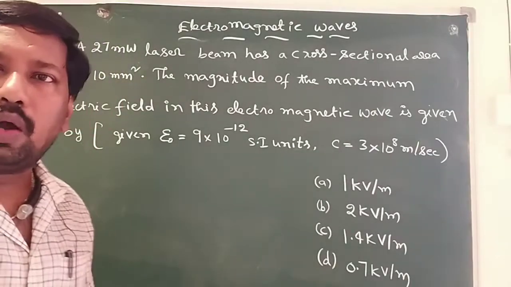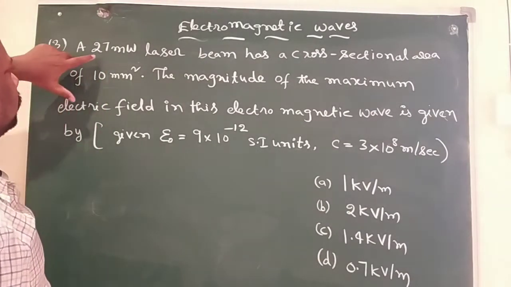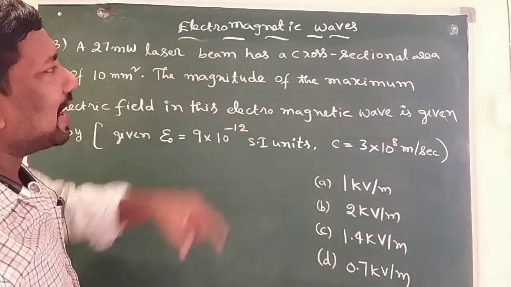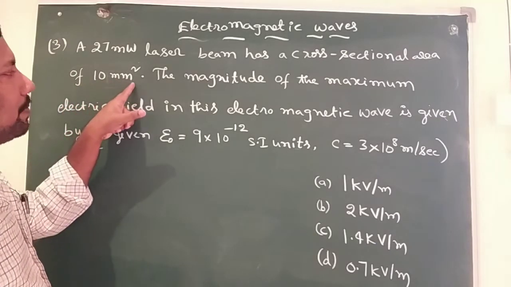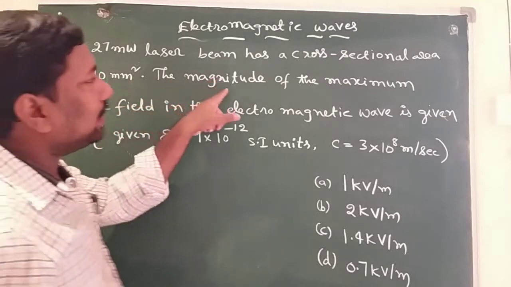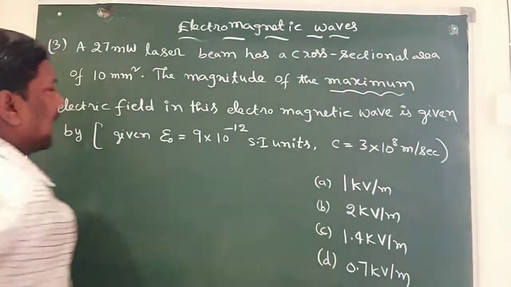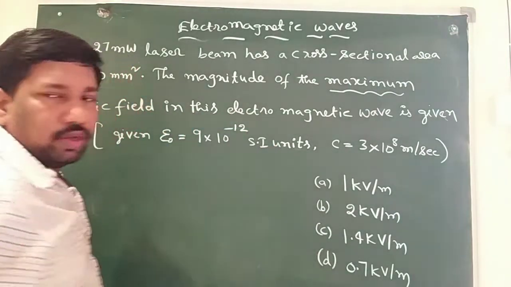Okay. Now problem number 3. A 27 milliwatt laser beam has a cross sectional area of 10 millimeter square. Now you can find out the maximum electric field in this electromagnetic wave.